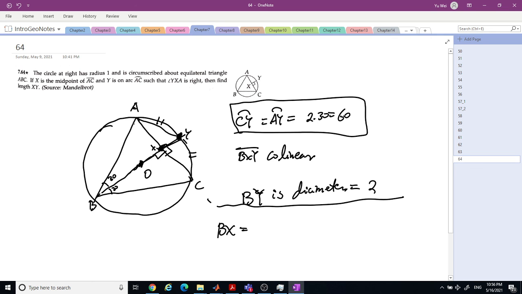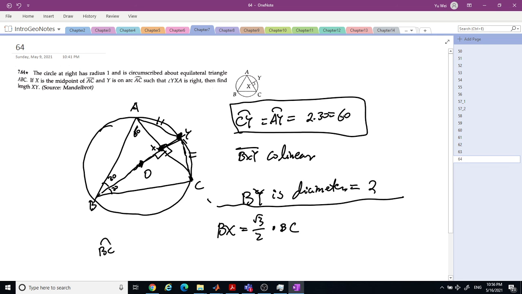BX, because ABC is the equilateral triangle, is root 3 over 2 times BC. Okay, so what is BC? We know this is 60 degrees, right?